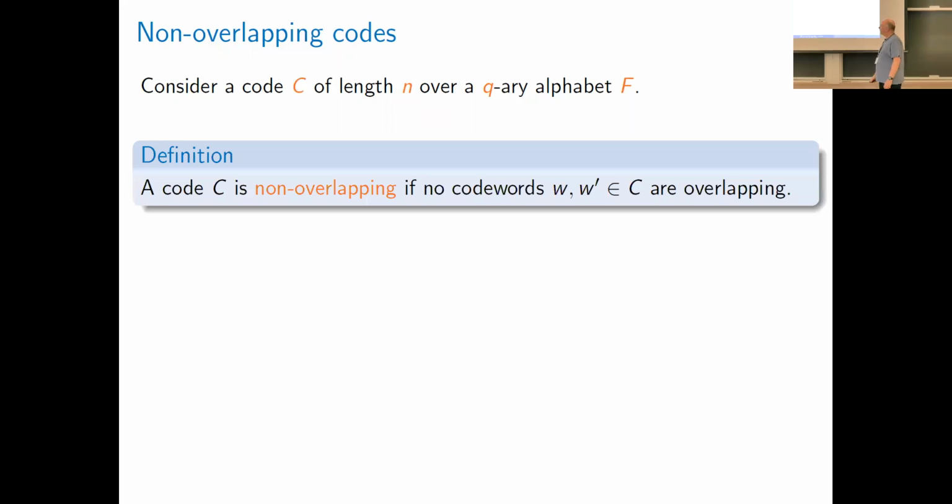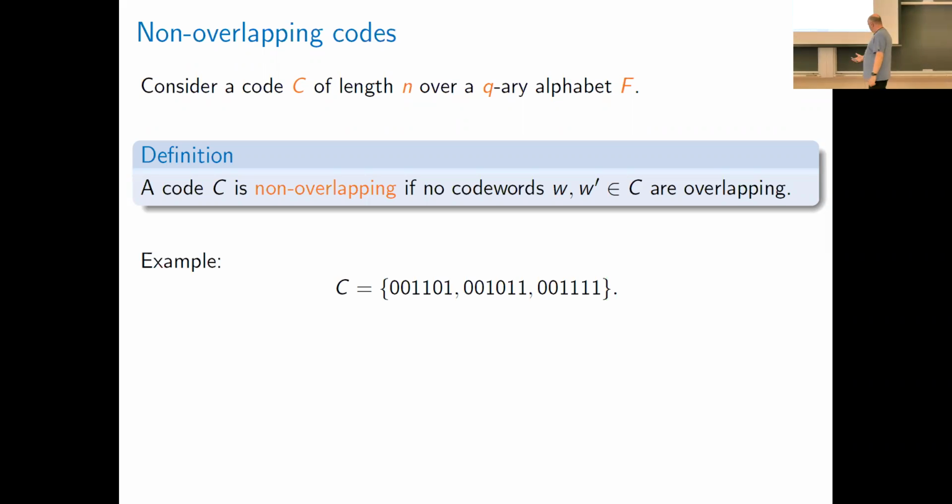So what is a non-overlapping code? It's non-overlapping if whenever you pick two code words, they don't overlap. I'm allowed to pick the same code word. In your definition of code, is there any more structure than just a collection of words? It is purely a subset of the collection of all words. That's it, absolutely. So there's nothing linear about them or anything like that.